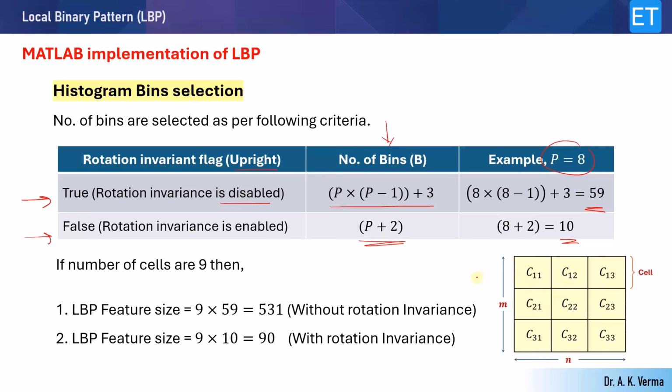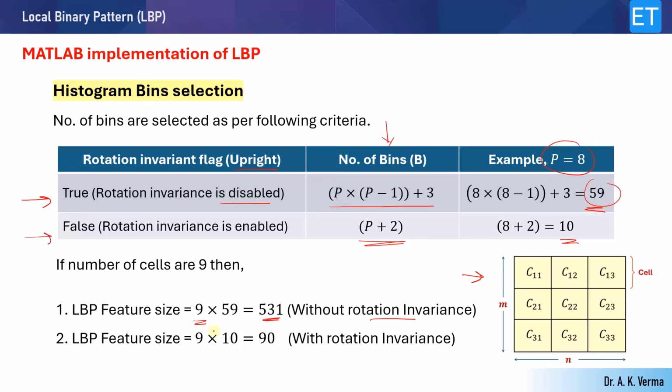So for this arrangement, which we considered in our previous example, the total number of cells is 9, and each cell gives me a 59 bin LBP. So obviously 531 is the total size of the LBP feature vector where rotation invariance is not considered.